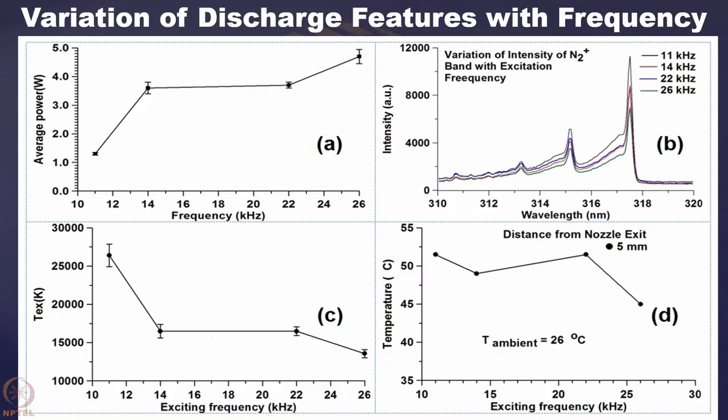Actually the temperature falls off very sharply as you go downstream from the nozzle exit. As you move downward, the temperature falls rapidly. So wherever the suitable temperature is obtained, you can keep your specimen over there.